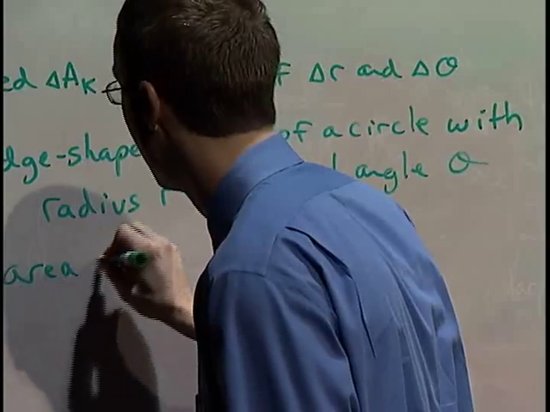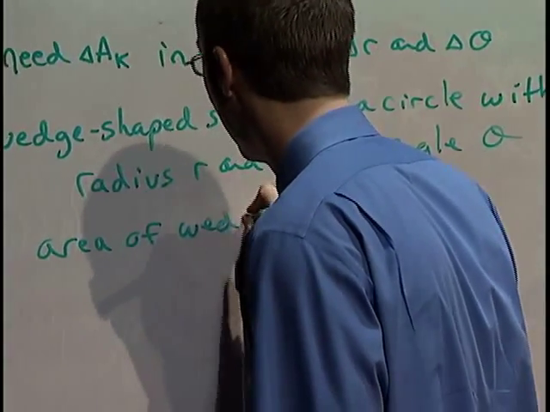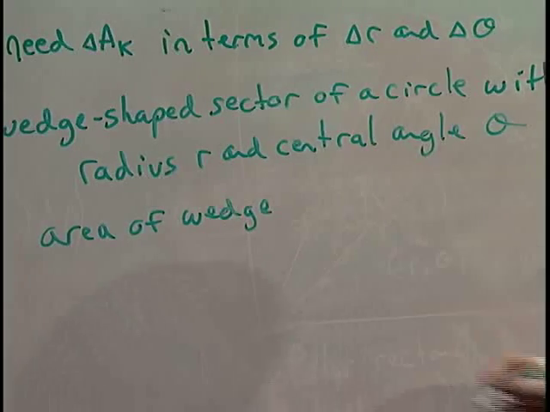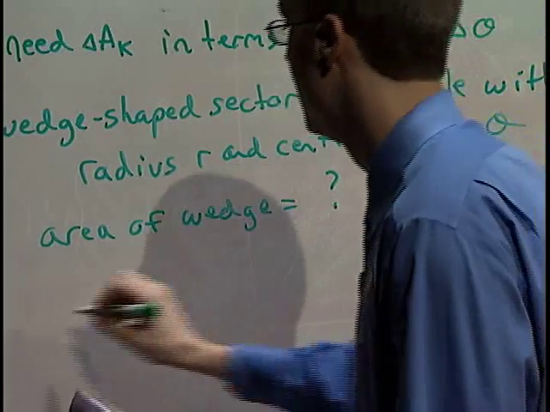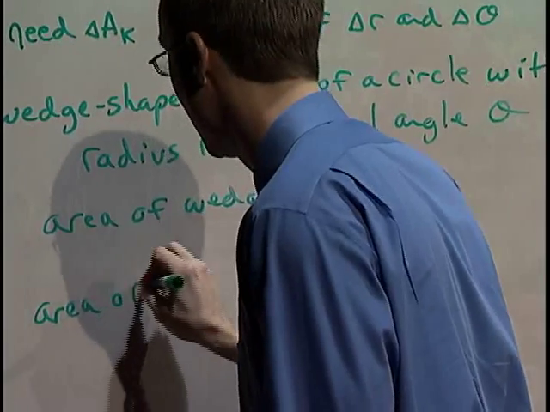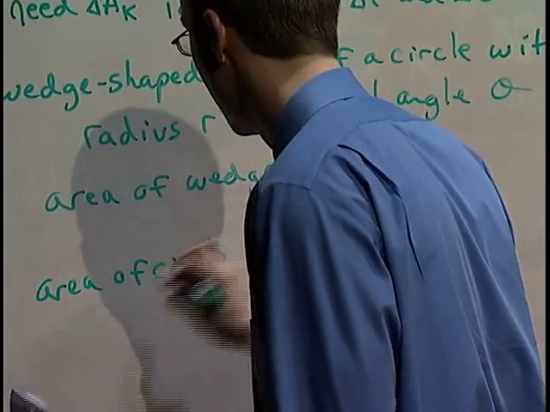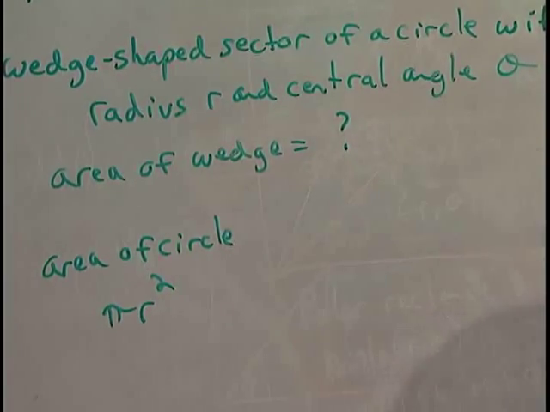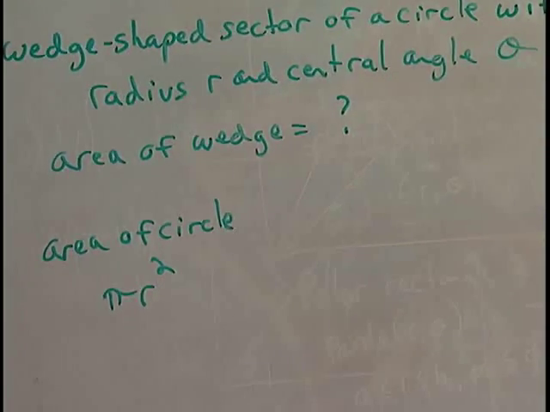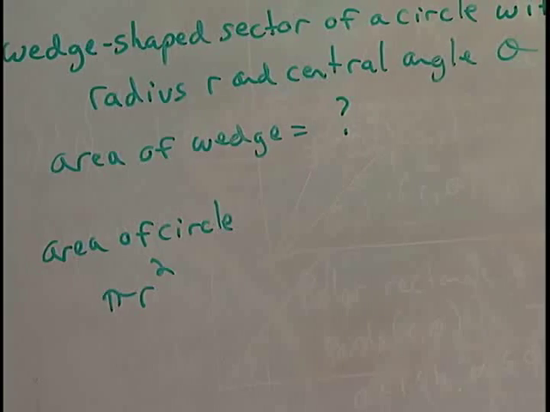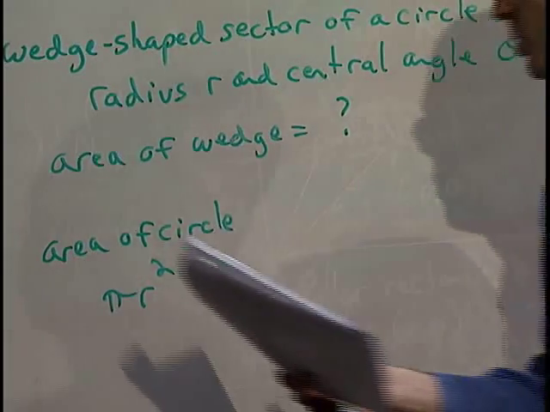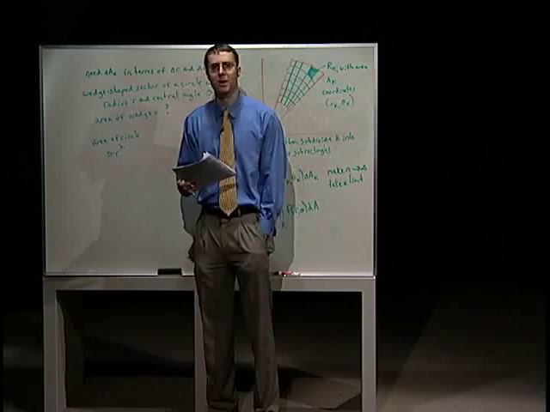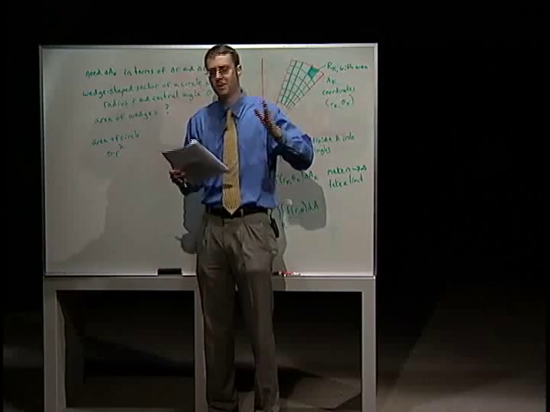So the area of the wedge. Well, the area of a circle is pi r squared. And the wedge is some part of the circle. In particular, the circle has 2 pi radians to it, and the wedge is some theta fraction of it.